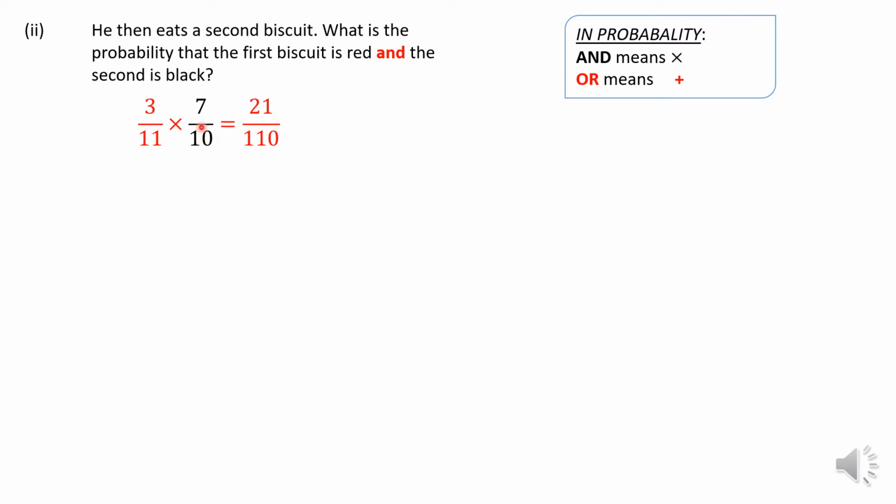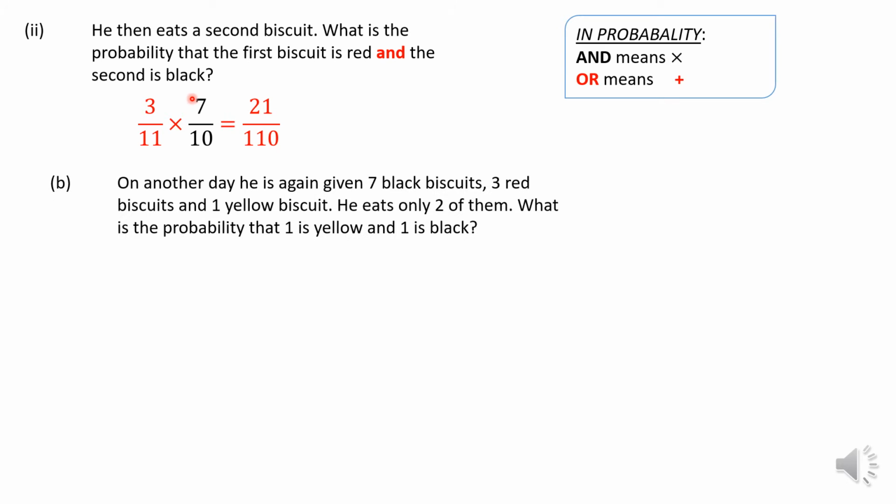There are now only 10 biscuits left. The probability that the first is red is 3 over 11. For the second, there are 7 black, so 7 out of 10. He doesn't eat them at the same time, he just takes a second one. So that probability is 21 over 110.